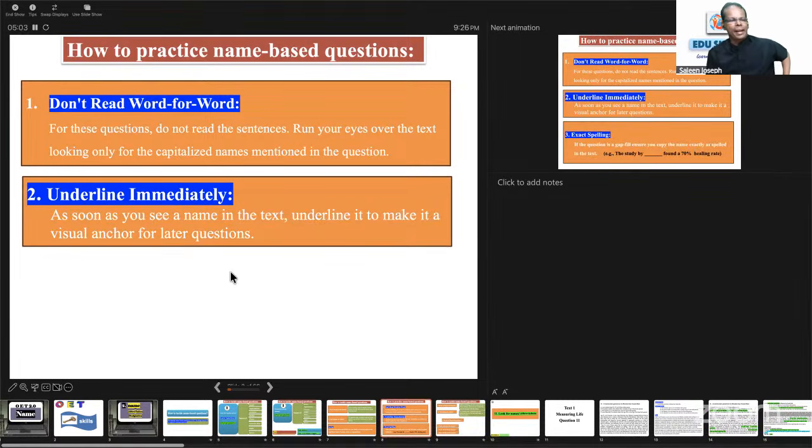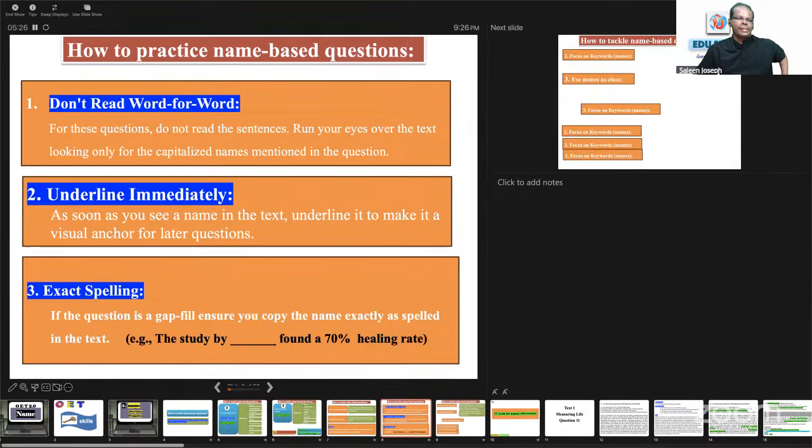When you are practicing, try to underline immediately. If you are using a hard copy, try to underline, circle, put in a box, whatever you want to do. Okay? As soon as you see a name in the text, in the paragraph, underline it to make it a visual anchor for later questions. Okay? If there is some other question from the same paragraph, that helps you to avoid that portion of the text.